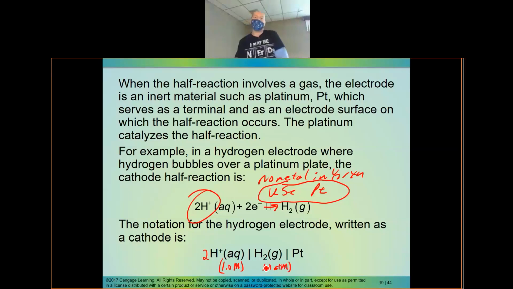So for all of your ions that have a concentration, I always would put 1 molar there so that when it is 0.1 or 0.3 or whatever, I don't forget to put it there. If you are given a concentration that's not 1 molar and you don't put it in, you have the wrong cell notation. So even when they are 1 molar and 1 atmosphere, I would put it in there.